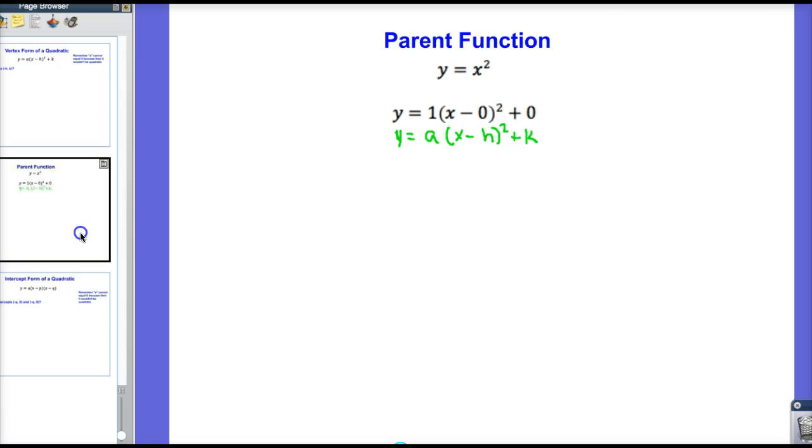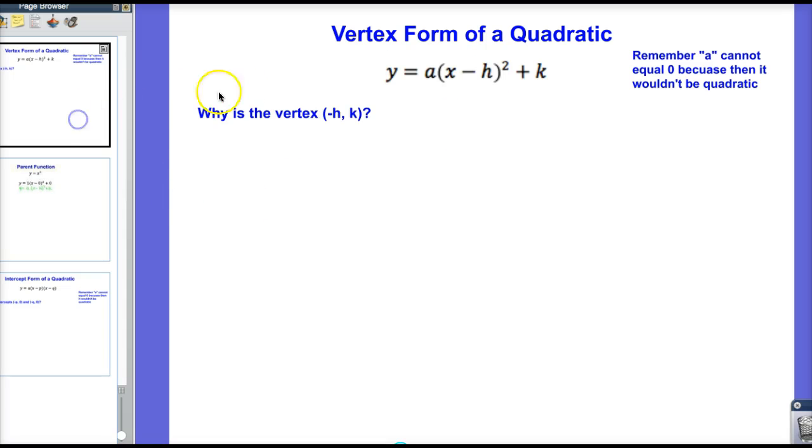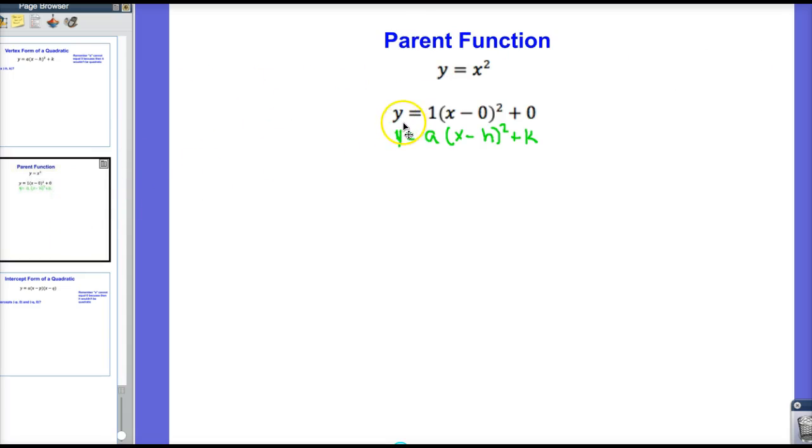Well, to think about that, we have to look at the parent function. What is the parent function? The parent function is y equals x squared. If I want to write it in vertex form, then I will have y equals 1 times the quantity x minus 0 squared plus 0.